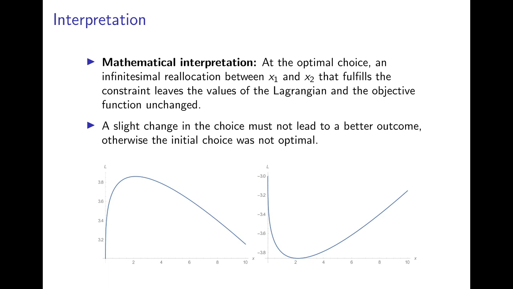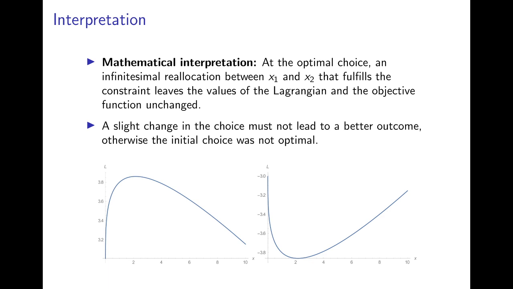Otherwise, of course, the initial choice would not have been optimal in the first place. So if a slight reallocation increases the Lagrangian function or increases the objective function, then the initial choice was not optimal to begin with.